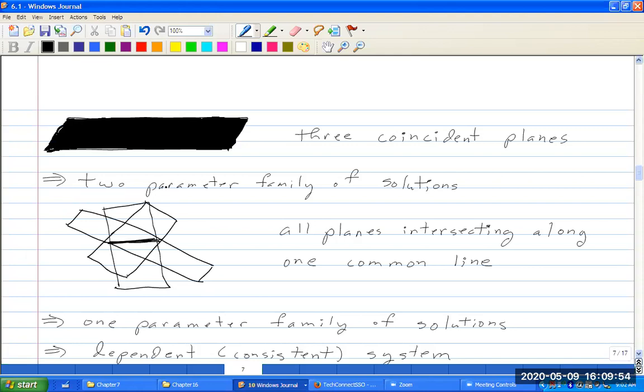So we'll have a two-parameter family of solutions. Suppose that we have three planes and they all intersect along some common line. Then this will be a one-parameter family of solutions.